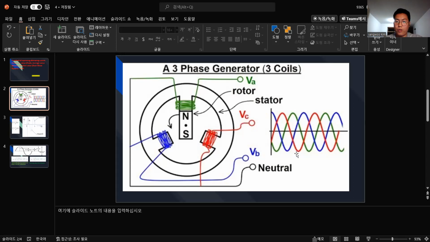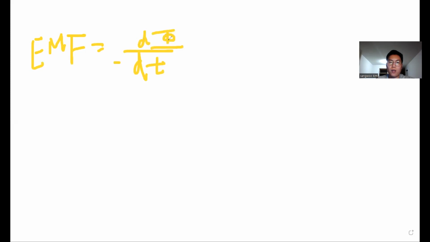Let's read it a little bit. So I say electromotive force, EMF. EMF is induced when time goes by and the magnetic flux changes; this is minus, and EMF is induced.